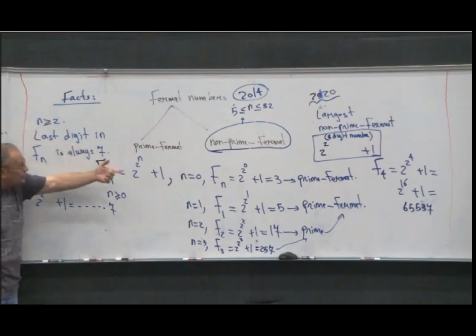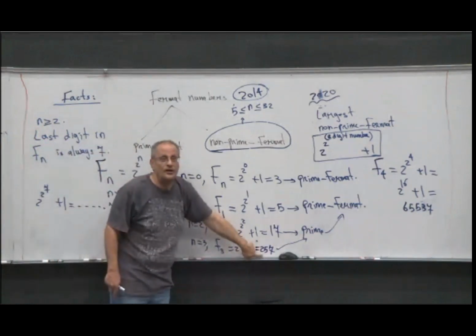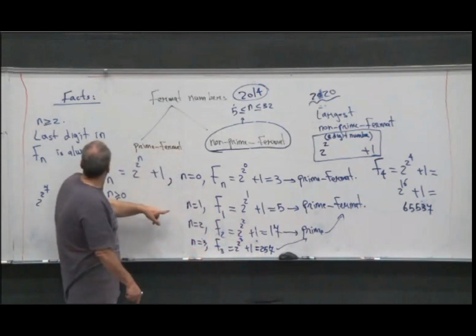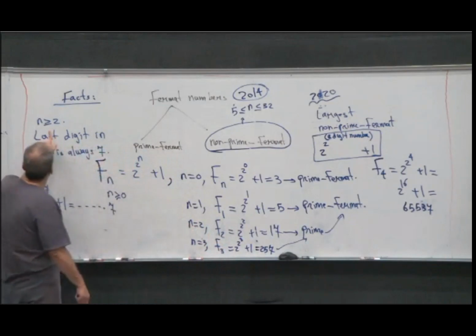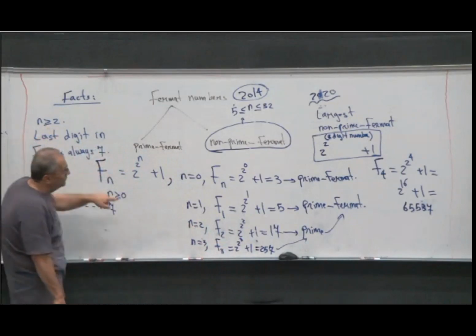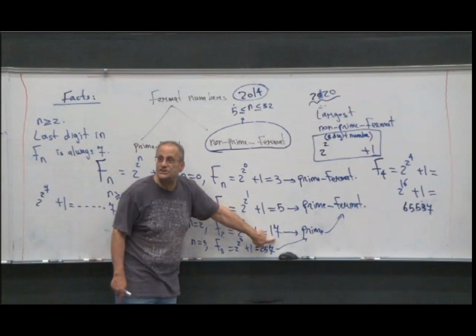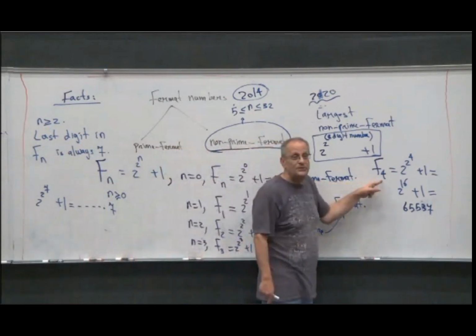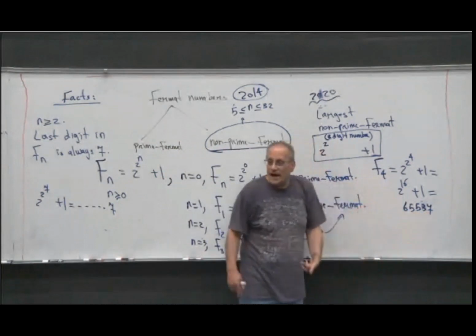So like F3, we already calculated this number. What is the last digit? We calculated for n equal 2, F2 is 17. The last digit is 7. We calculated for n equal 4, also 7.